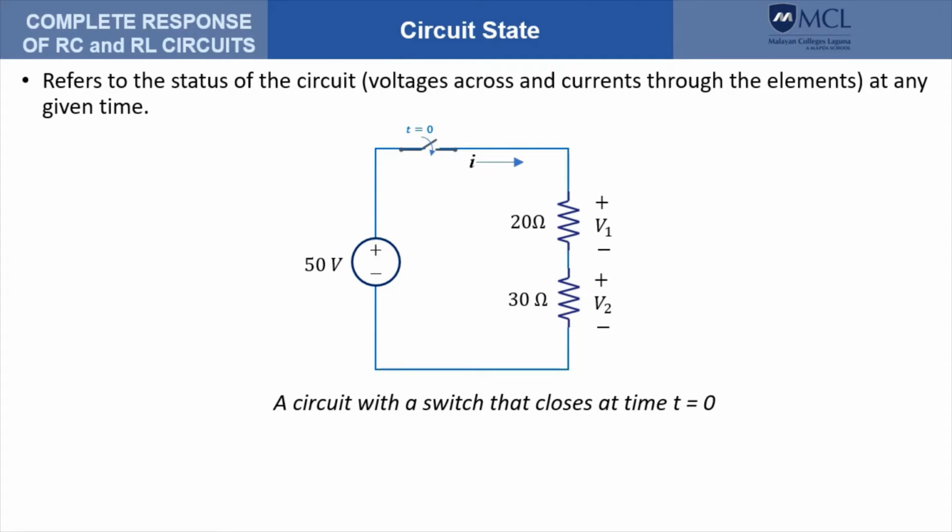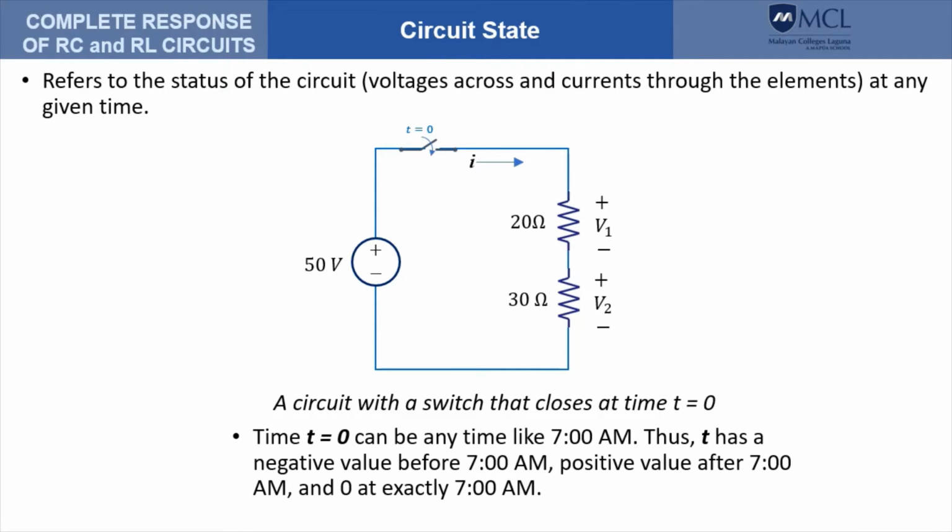Consequently, the state of the circuit will change because of the introduction of that change, which results in a current that flows through the resistive elements and the development of the voltage across those elements.